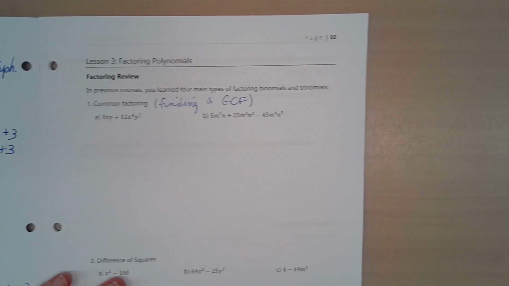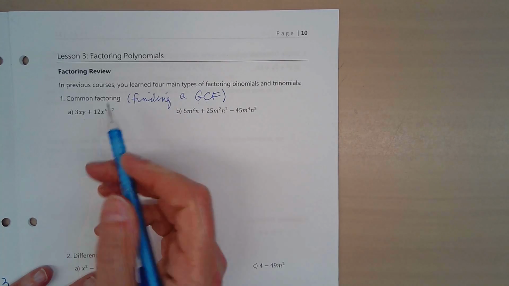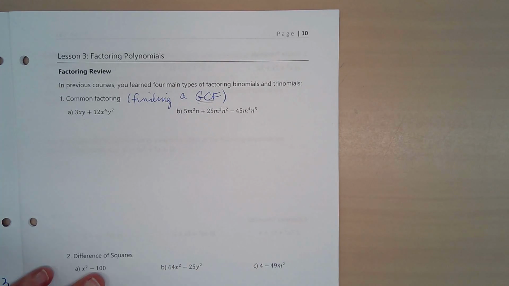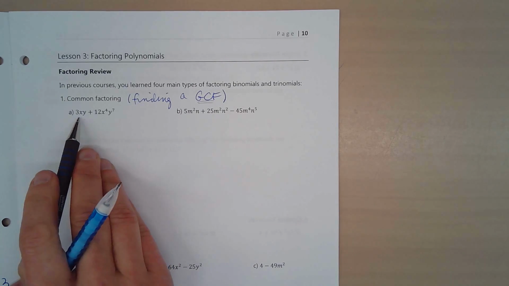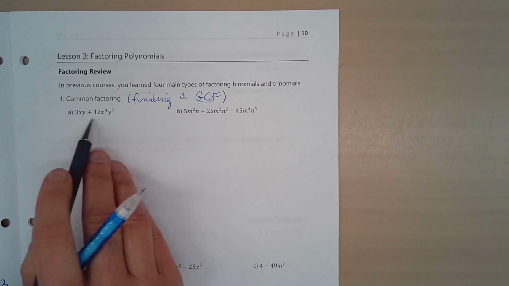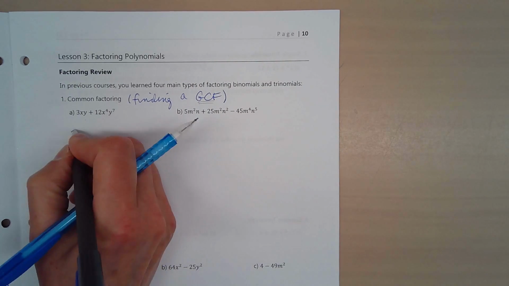All right. This is not a trinomial. There's only 2 terms to it, so there's not much I can do except look for a greatest common factor. So what's the greatest coefficient, the greatest terms that these 2 terms have in common? 3xy.